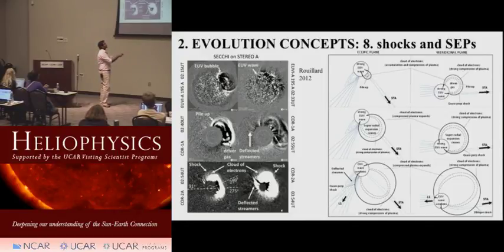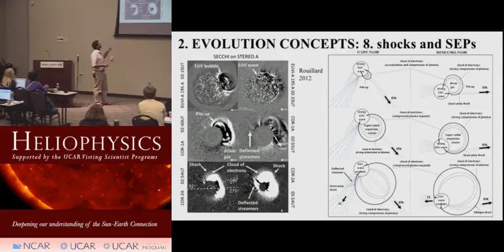But at some later point, this big shock bubble gets so large and so wide that it effectively starts to become magnetically connected to somewhere at a different longitude. And it gets magnetically connected at some later point to L1. And if you look at the SEP results at L1, you will start to see SEPs at L1.